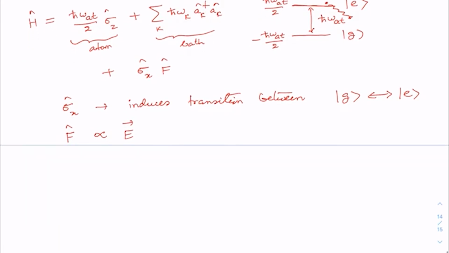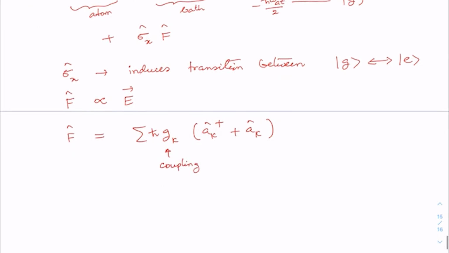We know the electromagnetic field is quantized, so this F operator can be expressed in terms of the normal modes, a_k and a_k†, with energy ħω_k, where g_k is the coupling parameter.